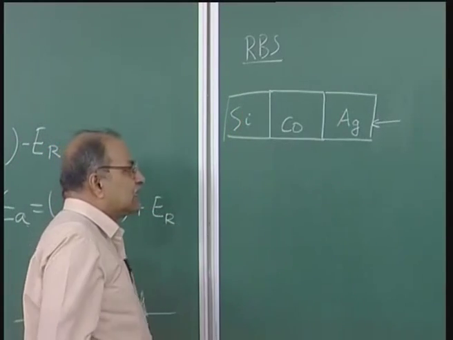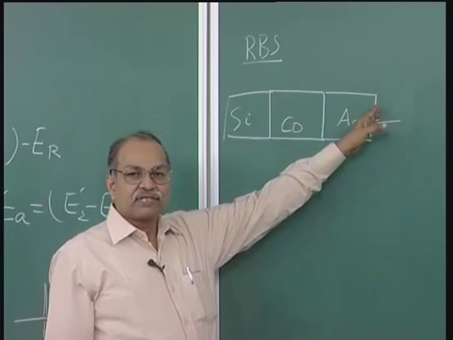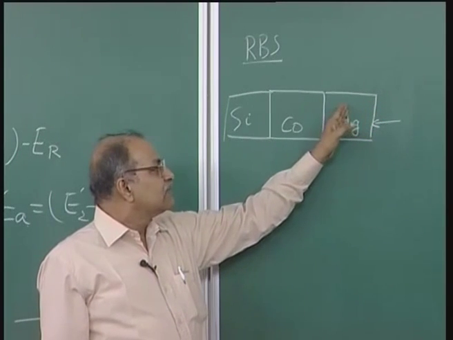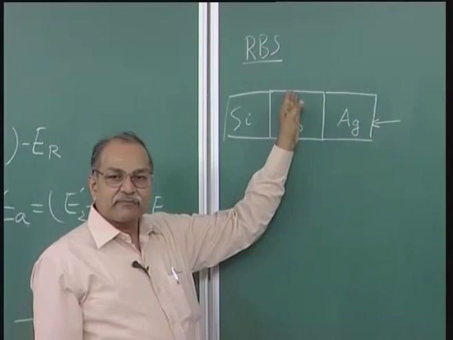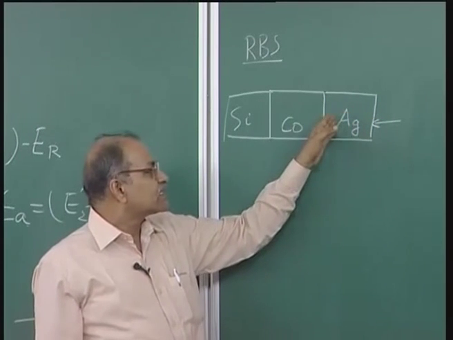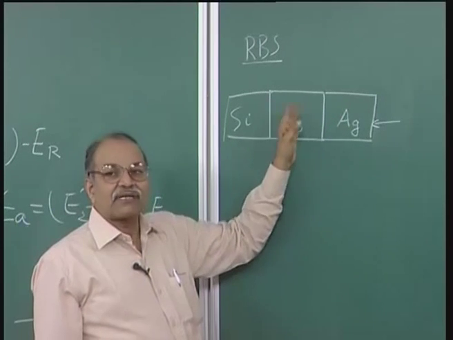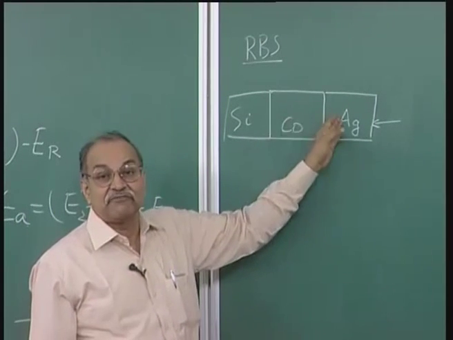silicon or so. This is the surface, and from here we want to know how this silver concentration varies with depth. If it is pure silver, it is the same concentration, and then cobalt the same concentration, but at the interface there will be diffusion.